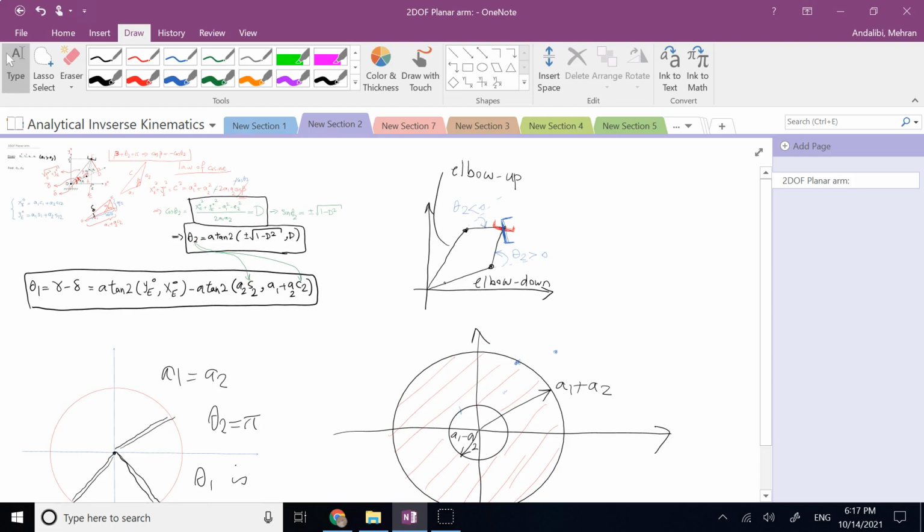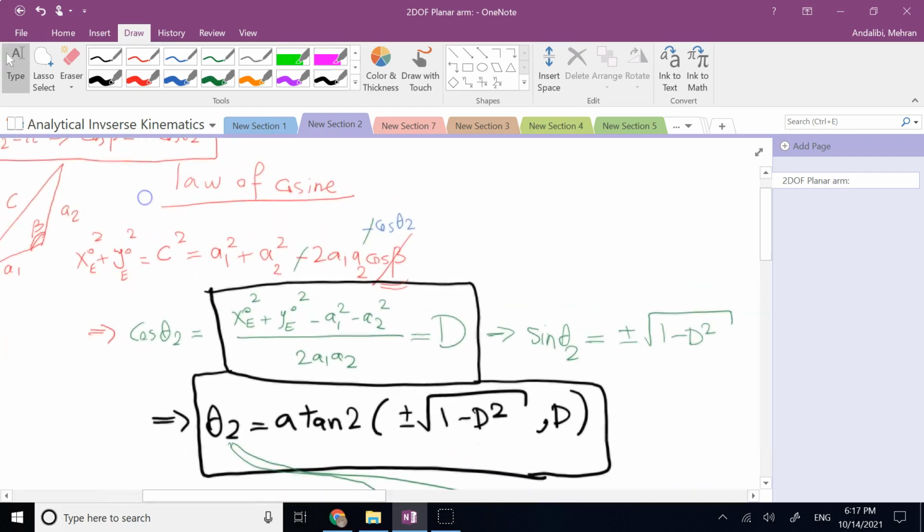Now, can I find the conditions mathematically? Let's say I want to write a code for when there is no solution, or there is a unique solution, or there are two solutions. How can I find that mathematically? Well, it all goes back to this definition of D. Remember, D is cosine of theta, and cosine of any angle is between -1 and 1, correct? So that gives you the condition that you need.